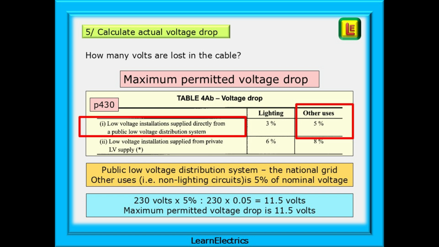The question tells us that the voltage is 230 volts, and we should know that a water heater will be other uses. Calculating 230 volts multiplied by 0.05 will give us 11.5 volts. The maximum permitted voltage drop for this circuit is therefore 11.5 volts.